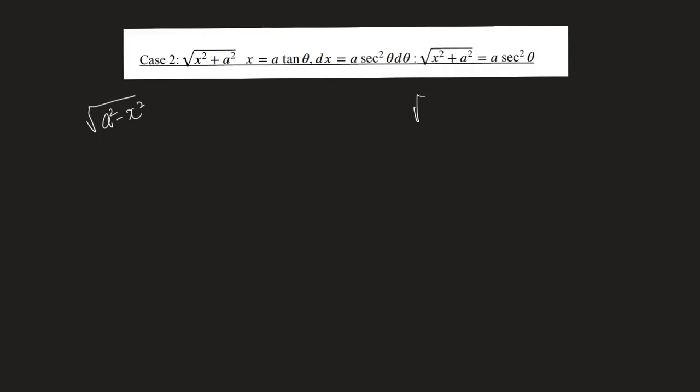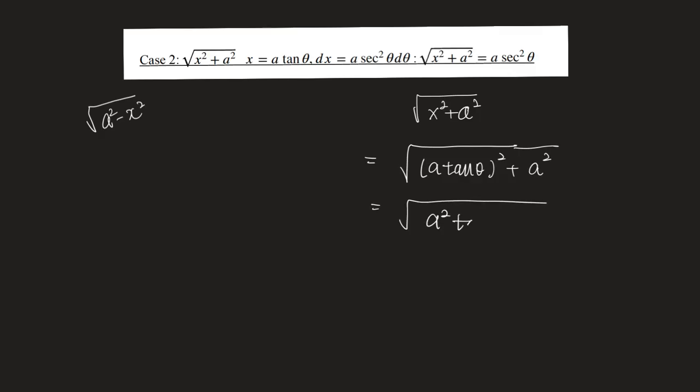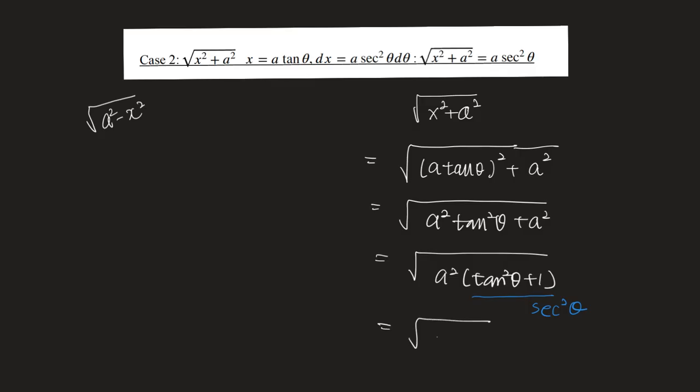Then the square root of x squared plus a squared is the square root of a squared tangent squared theta plus a squared, which is a square root of a squared times tangent squared theta plus 1. Tangent squared theta plus 1 is secant squared theta. So it is the square root of a squared secant squared theta. Take out the square root: a secant theta.